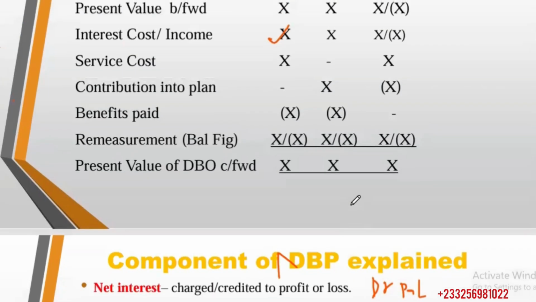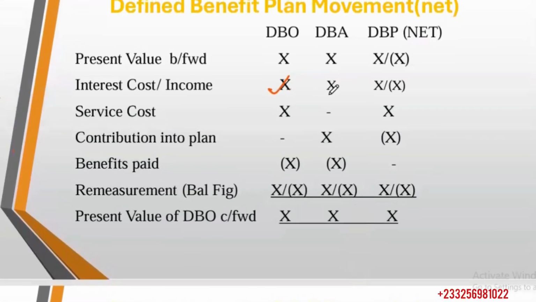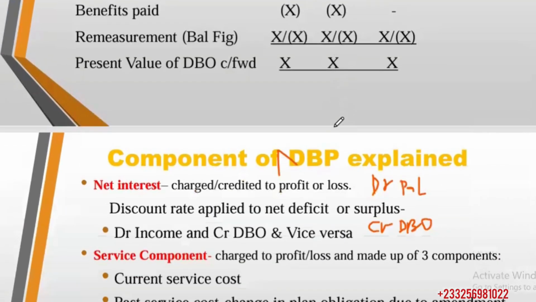Then with the interest income under the asset, we say we add to the opening asset. So when you apply the rate on the opening asset and you get your interest income, we add it to the plan asset to increase it. So with the interest income, how do we do that one?